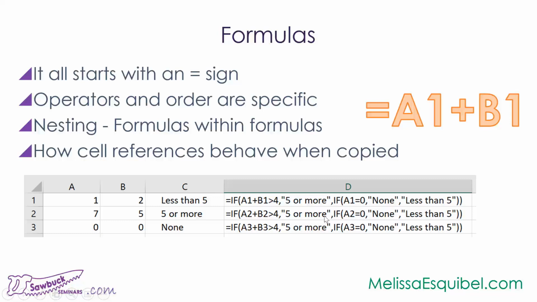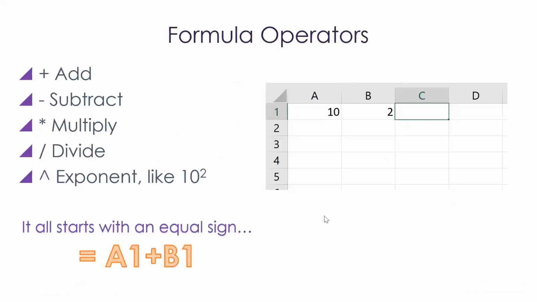Okay, that's what we mean by nesting. You might also need to nest formulas to deal with something called an order of operations problem, and we'll see that in a moment. And it's very important to know how cell references behave when you copy them.